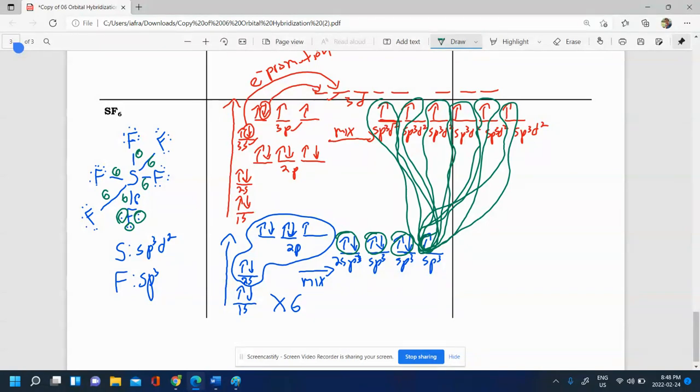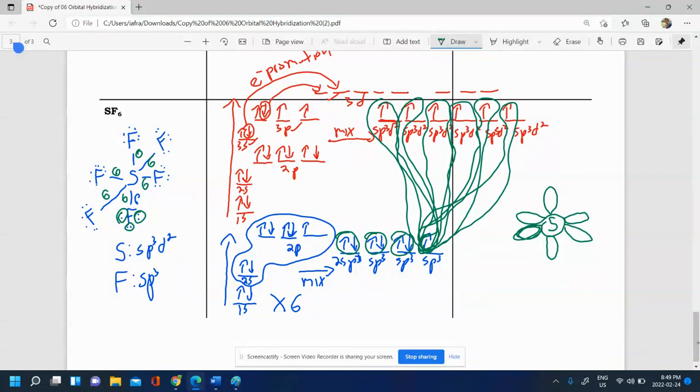So to finish off, we can do our drawing. We'll do sulfur, and we'll make its little sp3d2 balloons. Like that.